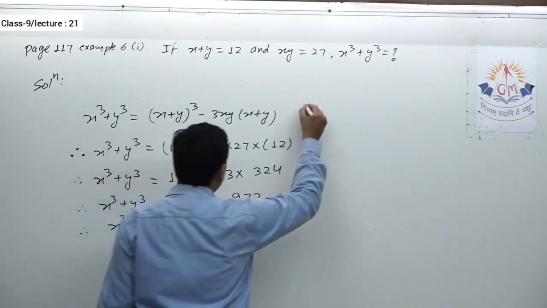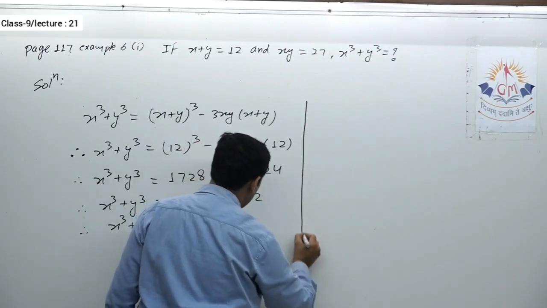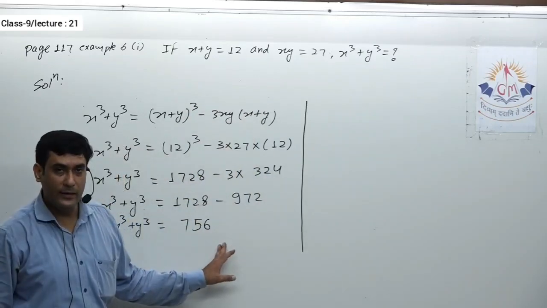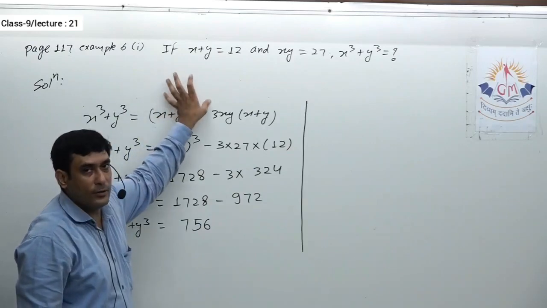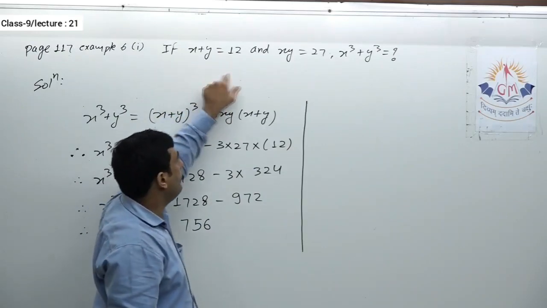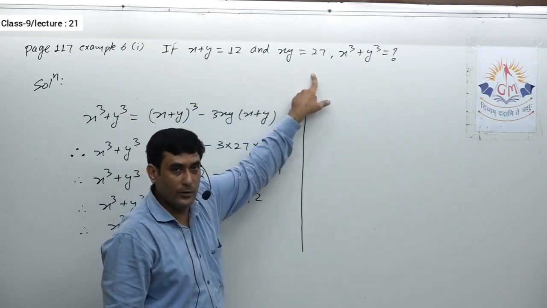Now as I told you, I will give you one shortcut method. This shortcut method is not necessarily applicable on all questions of this type, but definitely over here it is applicable. I won't say it is a shortcut, it is just a hit and trial method. You have to think about two values whose sum is 12, and then check whether their product is 27 or not.